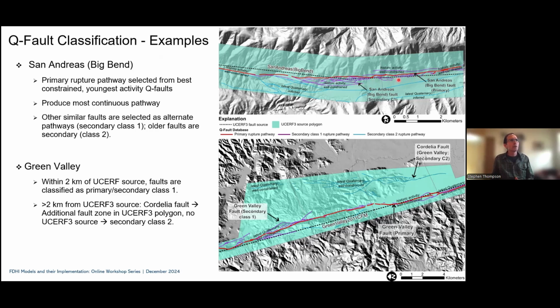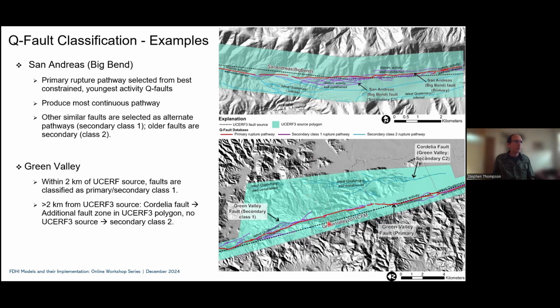This more anastomosing pattern in purple is the secondary class 1. And then these bluer traces that are farther away from the fault source seem to be reflecting more the past history of the San Andreas and bedrock geology; these are inferred to be secondary class 2.